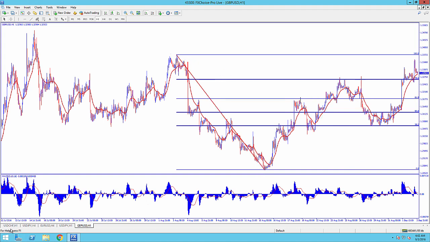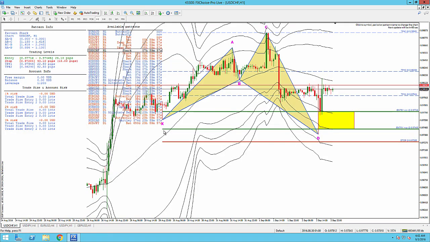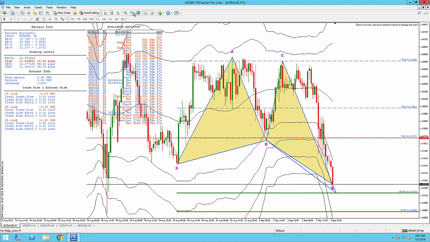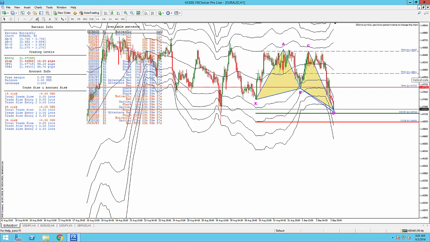Let's take a look at some examples in our patterns and our harmonic scanner. We looked at this in prior videos, actually. This would be considered the butterfly, another harmonic pattern. Market rallies from X to A, down to B, up to C, down to D, and you can see how it forms the perfect pattern.